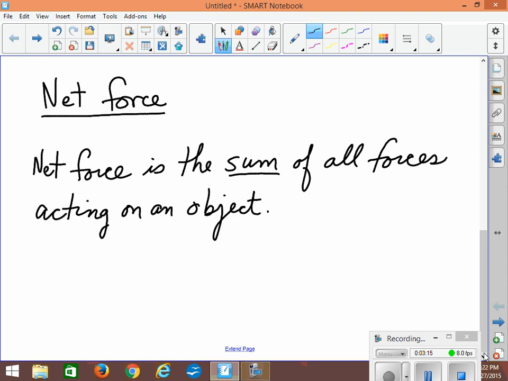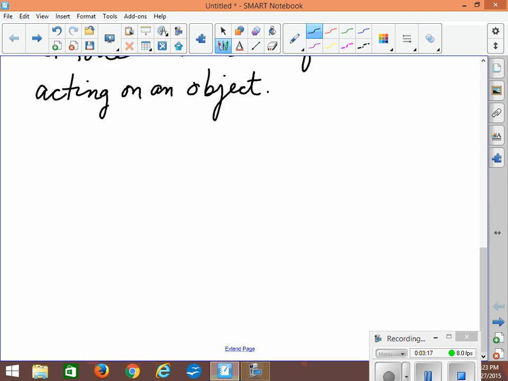Let's draw a picture just to kind of show us what we mean. Let's say we have a tabletop or a road or any sort of surface, let's make it a table. And on this table, we have a large box. And the box might have a mass associated with it.